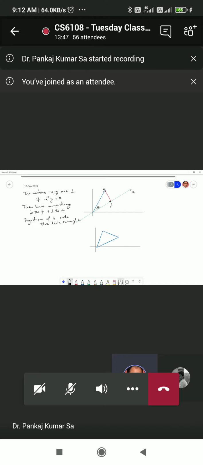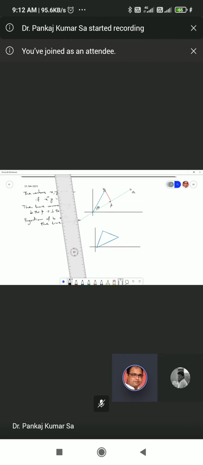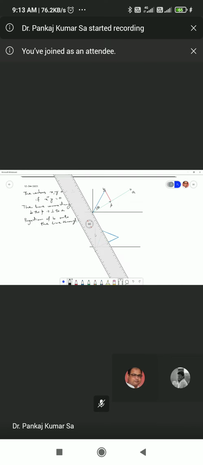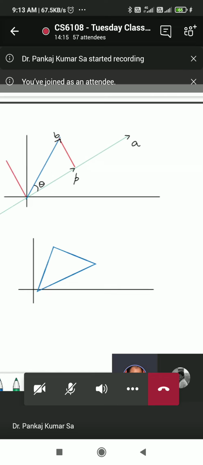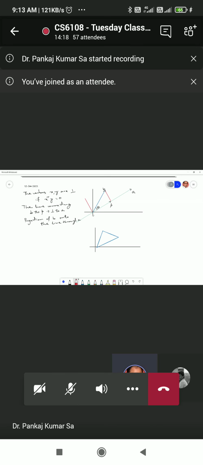So why is it so important? This red line, why is it so important? Because if I draw this red line, something like this, then you will realize why. Any idea why? What is the relationship between this? Now look at this green line and this red line.